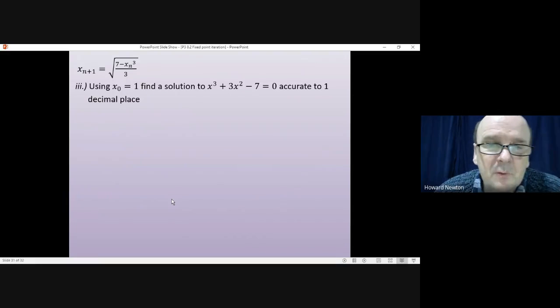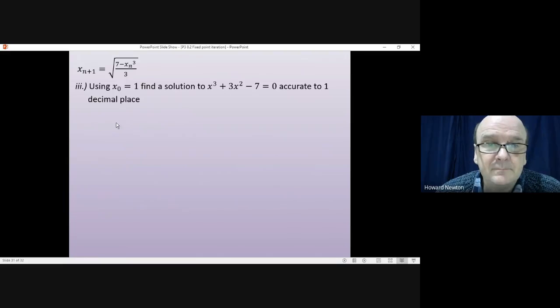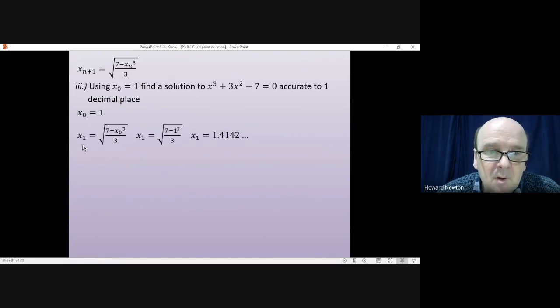And then in part 3, we're asked to use the formula in order to find a solution accurate to 1 decimal place. So the starting value is x0 equals 1. And then by substituting n equals 0 into this formula, we'll get x1 is equal to the square root of 7 minus x0 cubed divided by 3, which is 7 minus 1 cubed divided by 3, which gives us x1 is equal to 1.4142.